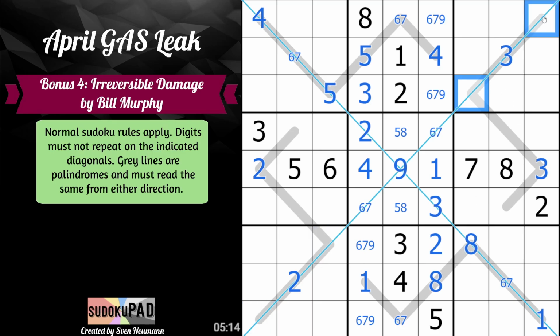5 has to go somewhere. Okay, so it has to go on the diagonal somewhere. Because of this 5, it sees these two cells, so 5 can't go here. 5 can't go here, so this must be 5. In the same way, 8, where does 8 go? This can't be 8, this can't be 8, so this must be 8 on the diagonal, which means, oh, sorry, of course, 8. Let's port over our palindrome digits. And then we're still missing 1 and 4.